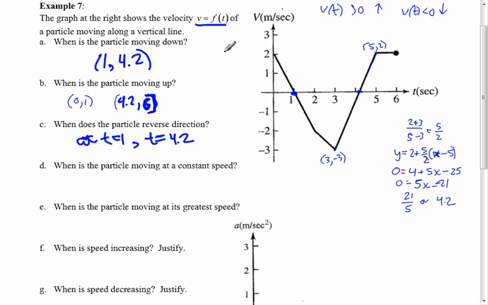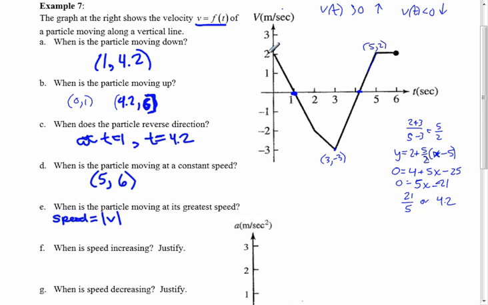It looks like the only constant part of our graph would be from 5 to 6. When's the particle moving at its greatest speed? Well, remember, speed is the absolute value of velocity.